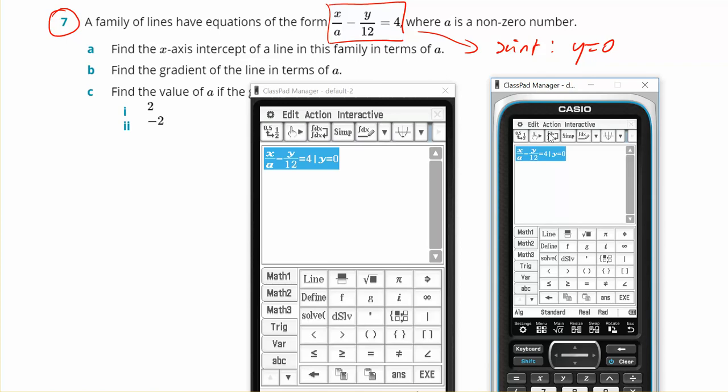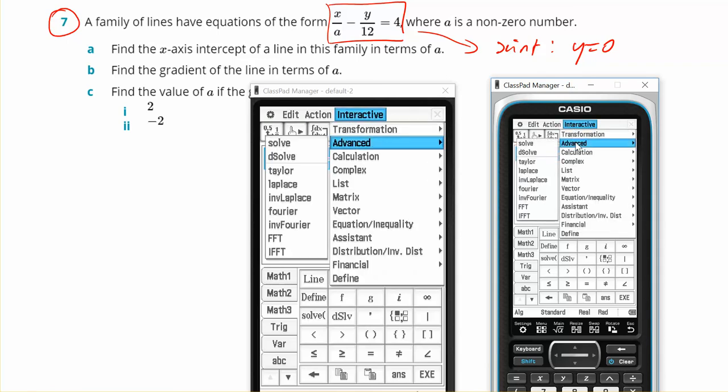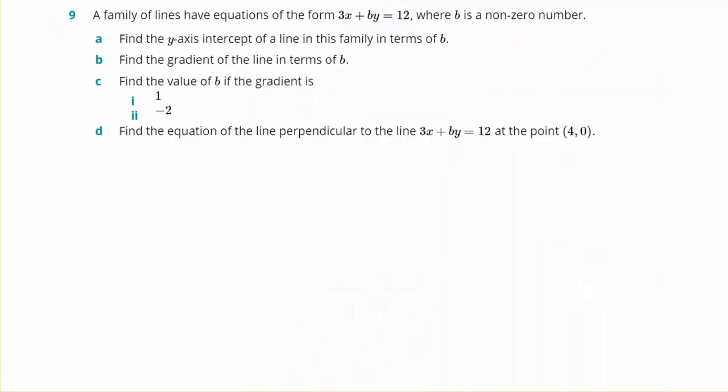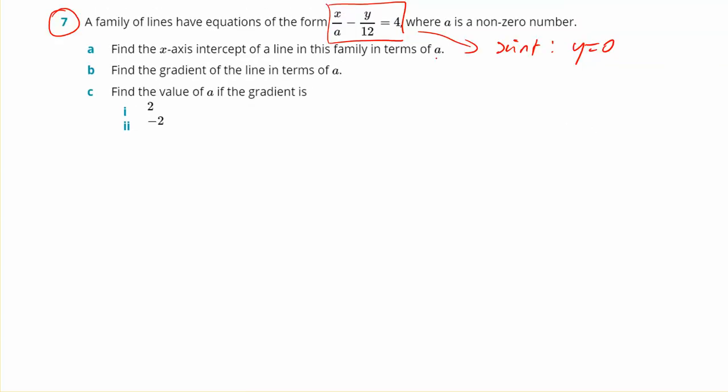So subbing in y equals 0 and solving for x gives you the x-intercept, and the x-intercept happens to be 4a. So part 1 would be x equals 4a. Your x-intercept would be, in coordinate form, (4a, 0). Okay, that's your final answer.